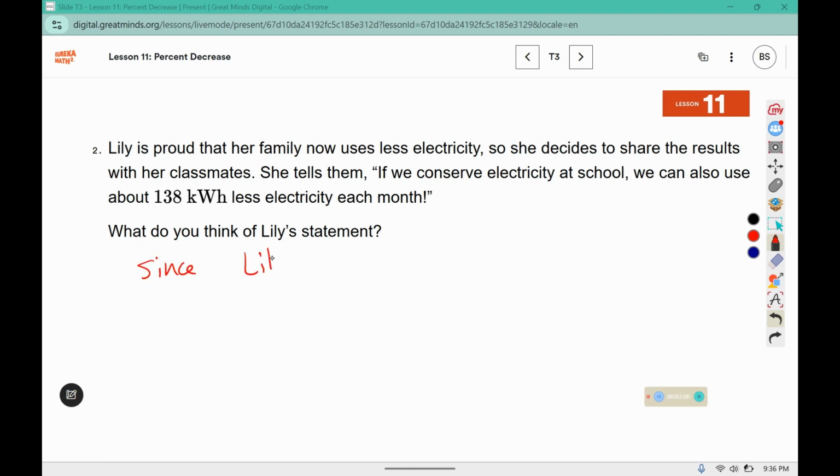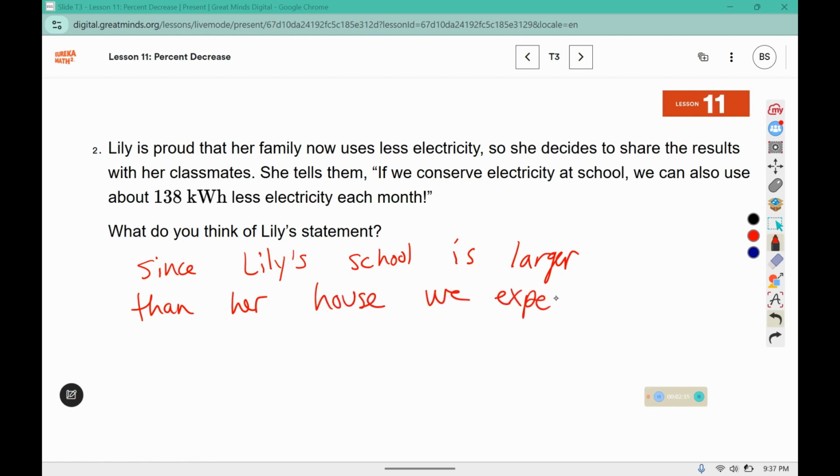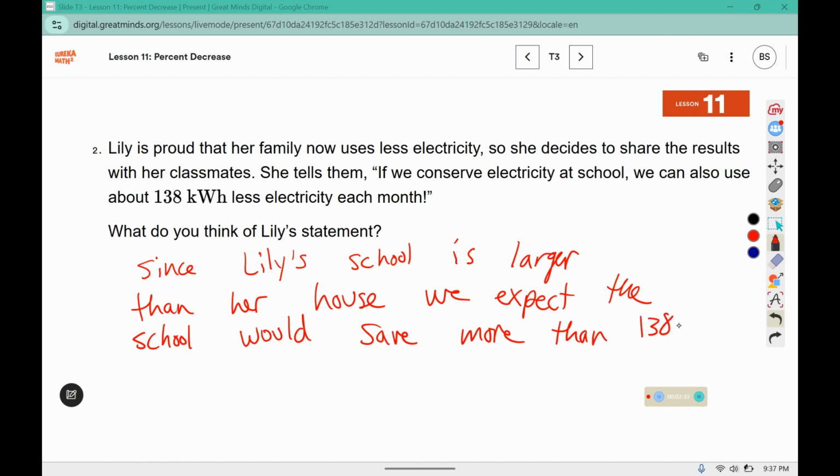So since Lily's school is larger than her house, we expect the school would save more than 138 kilowatt hours.